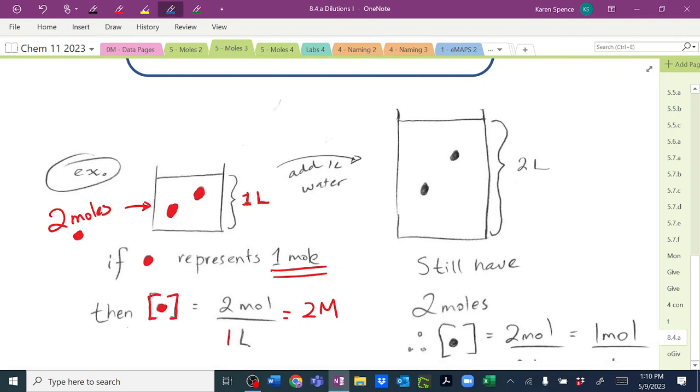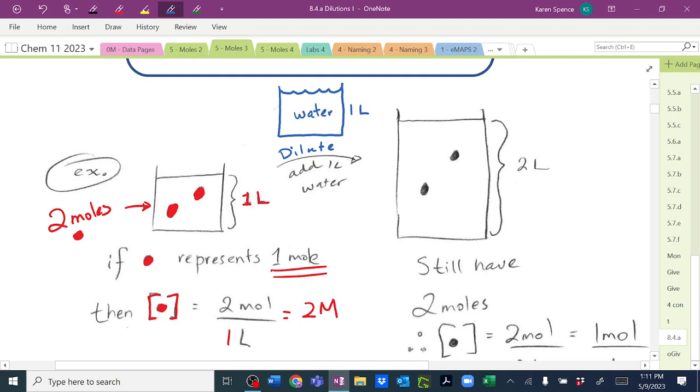Now, we are going to dilute this by adding 1 liter of water. So now, instead of having 1 liter, how many liters do we have in total? 2 liters.